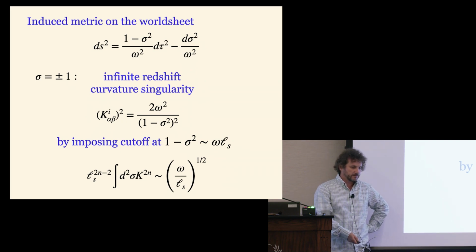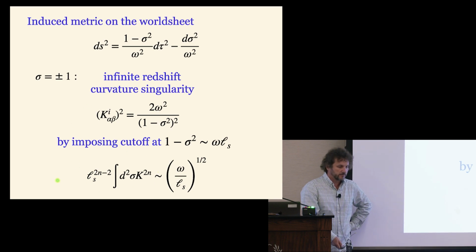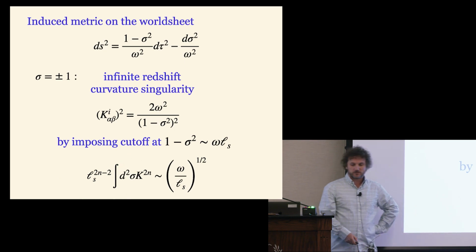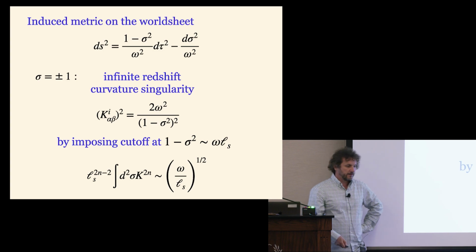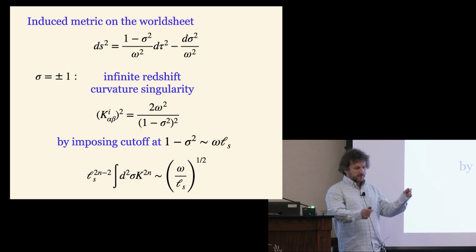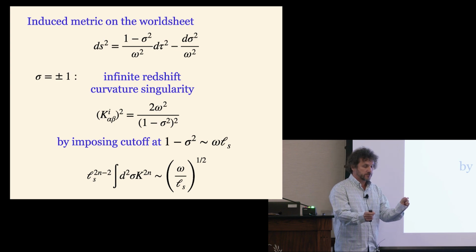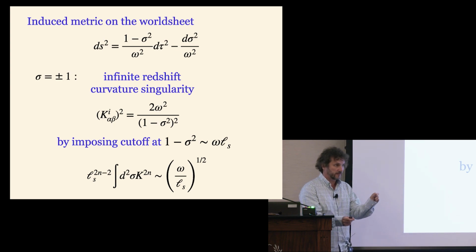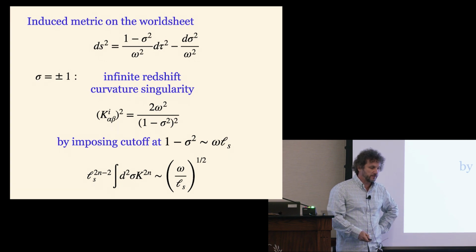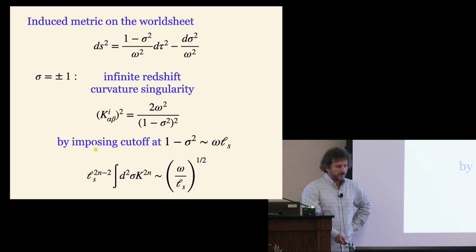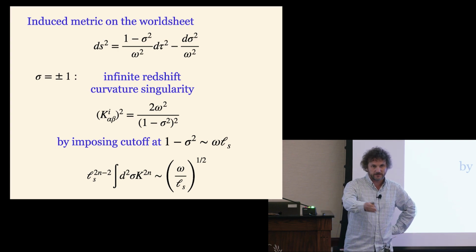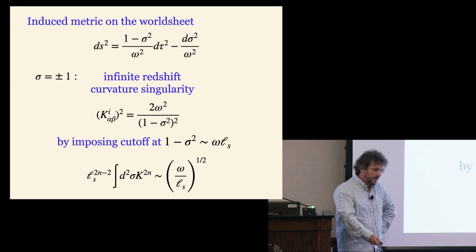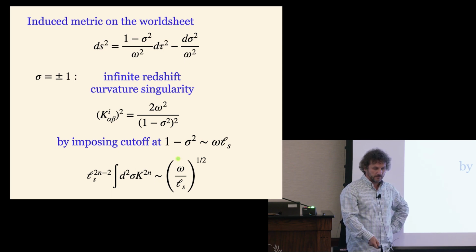If you look at some higher-dimensional operator which you expect to be present in the bulk, and which by naive power counting you expect to be suppressed, then cut off the singularity at the place where the curvature becomes of order the string tension. That's the UV scale of this EFT, and it corresponds to a redshift factor of this order. If one cuts off the corresponding integral at that scale, one finds that all higher-dimensional operators which you can write in the bulk action contribute at the same order.